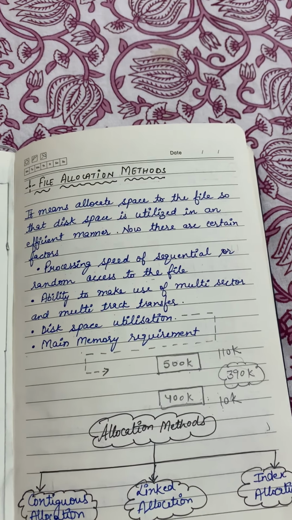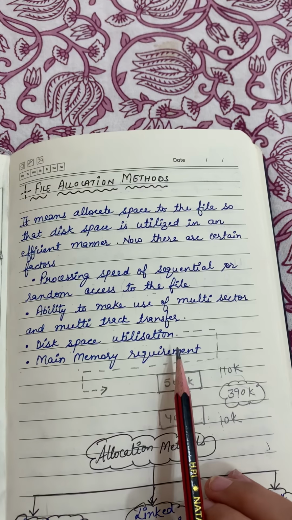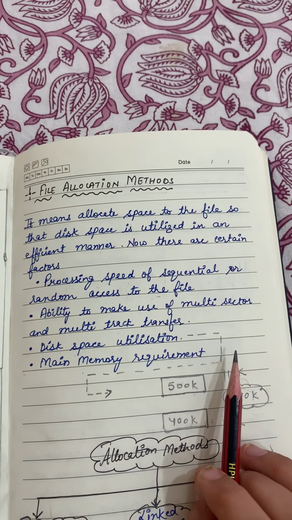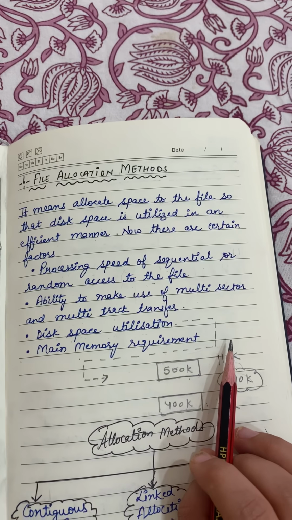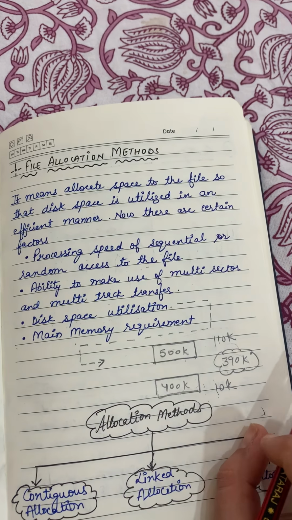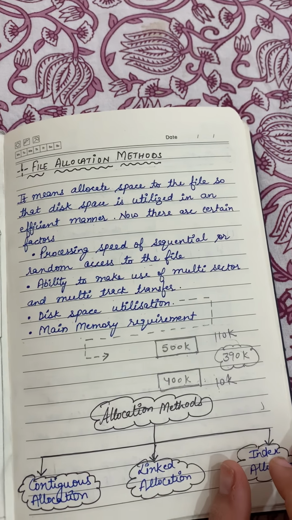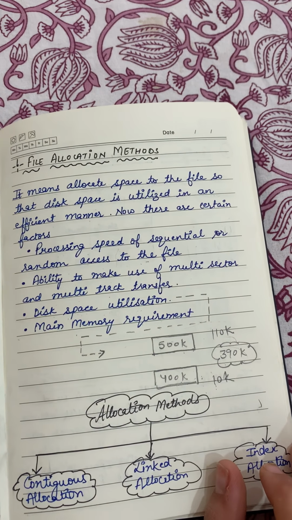Now, last is main memory requirement. Main memory is always constant in an operating system. We have limited main memory, so file allocation should be in such a manner that main memory requirement should be less.